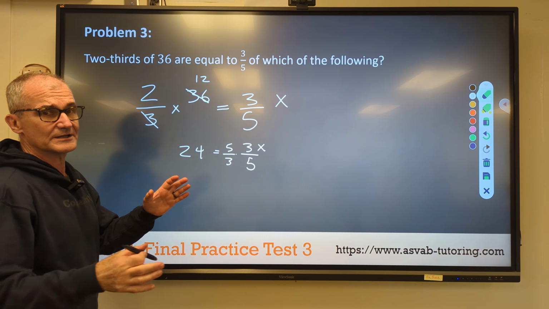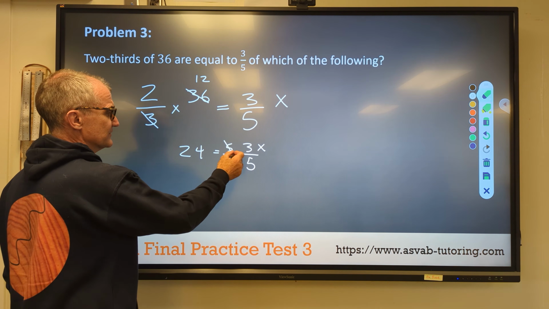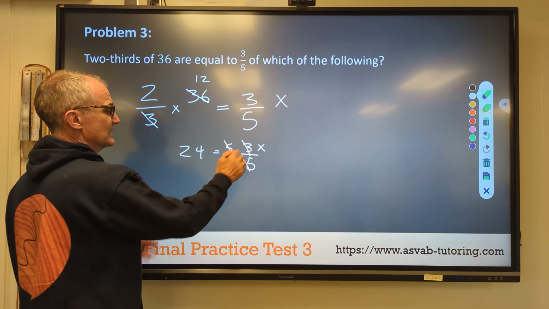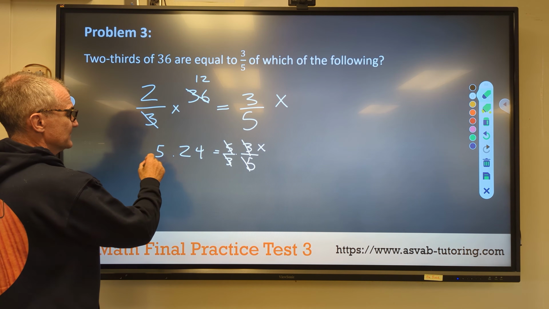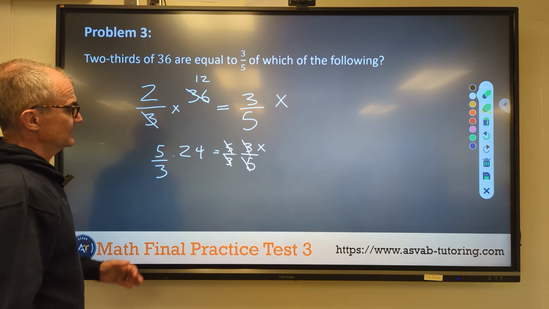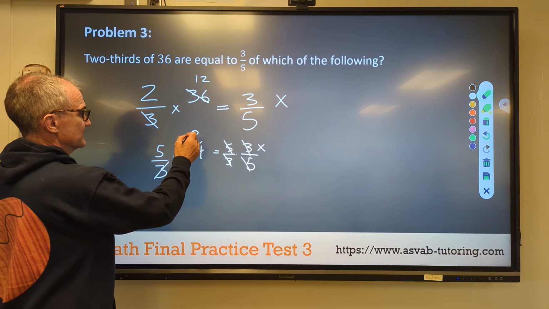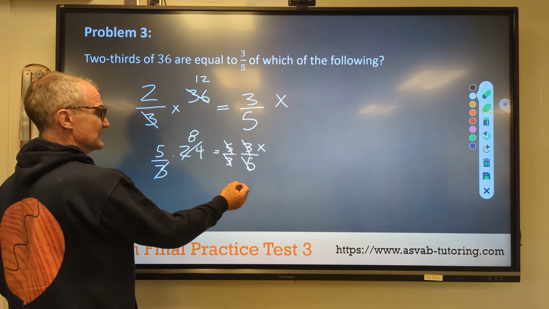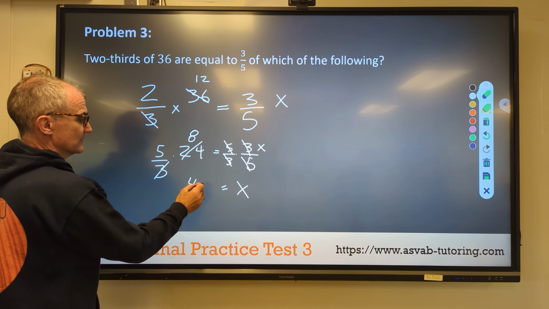I can do whatever I want as long as I do it to both sides of the equation equally. The 5's will cancel, the 3's will cancel. If I do that to the right side, I also have to do it to the left side. And then 3 goes into 24 8 times. Now I have x by itself. X is equal to 8 times 5, or 40.